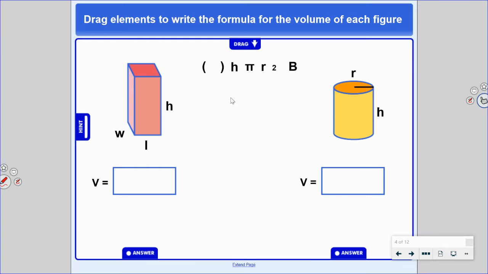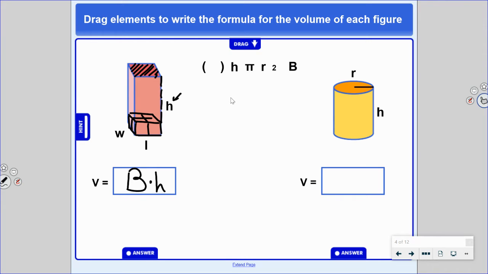I want you to look at those two three-dimensional figures, the red figure and the yellow figure, and look at how they are similar to begin with. If you simply, as we did the other day, found the first layer, which we could call the area of the base, and then you stacked those on top of each other, in other words, multiply by the height, you could find the total volume that fills that red figure.